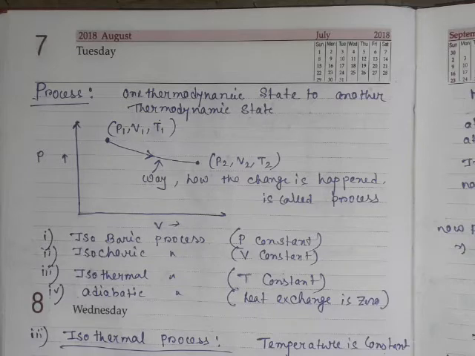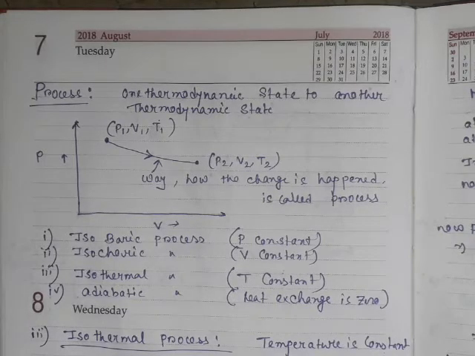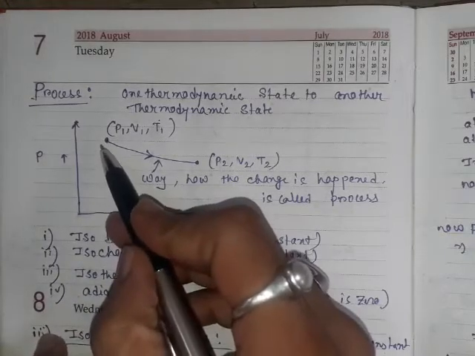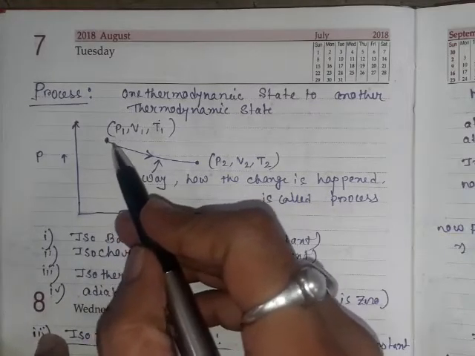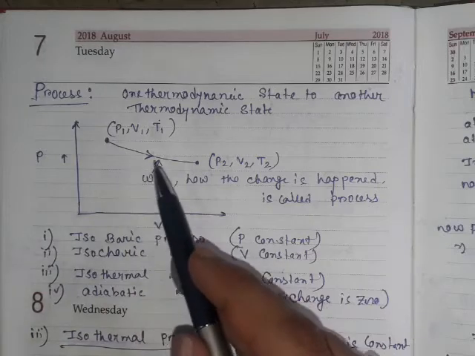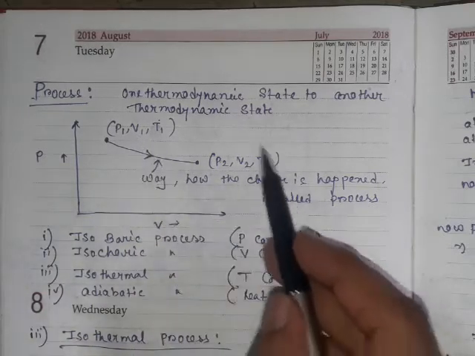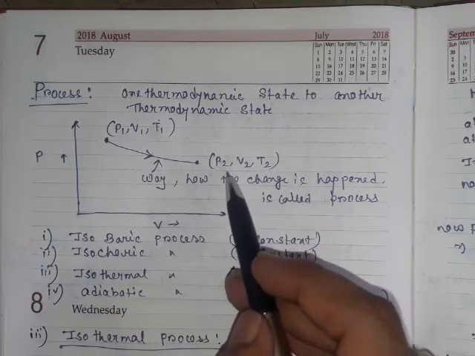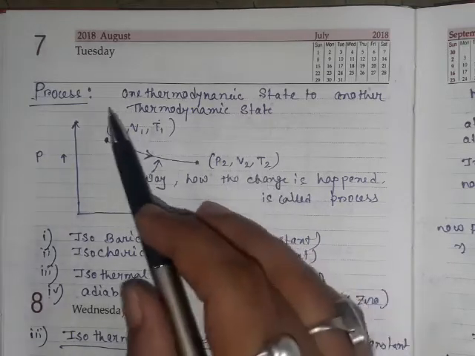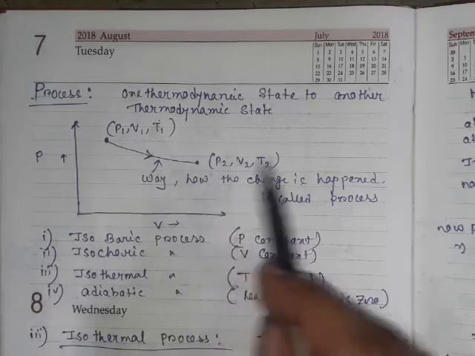That means a system is in an equilibrium state, that is shown in the PV diagram by P1, V1 and T1. This is the present state of the system. Now after some time, let this system take the final equilibrium state at P2, V2, T2. Both the states are equilibrium states.